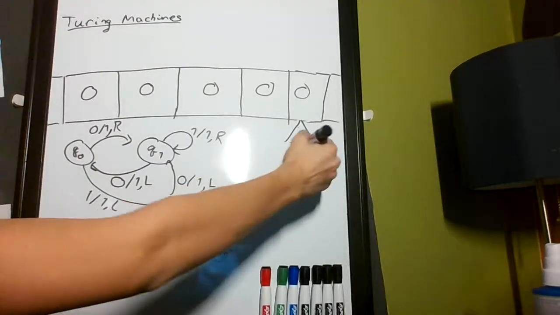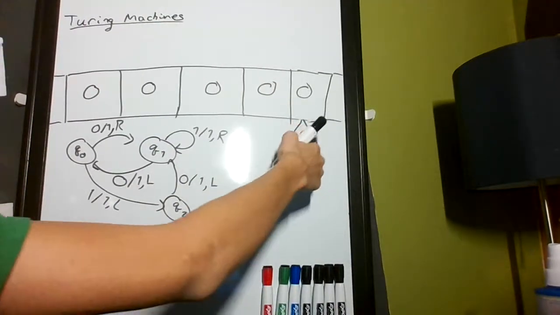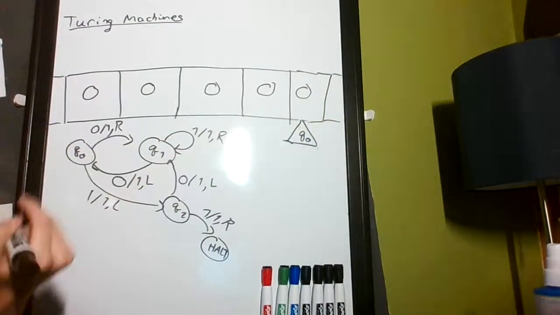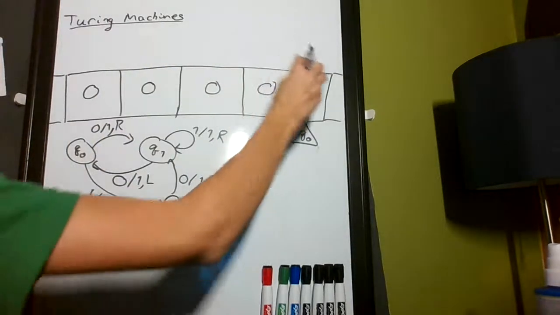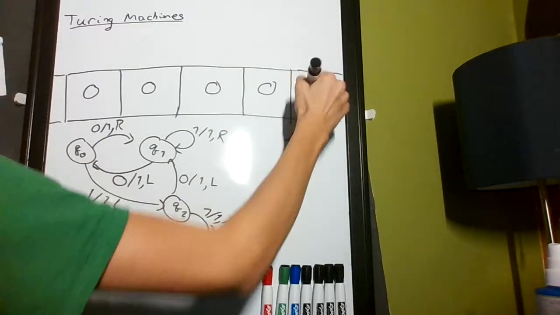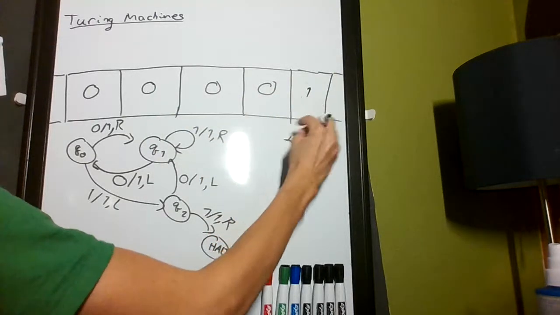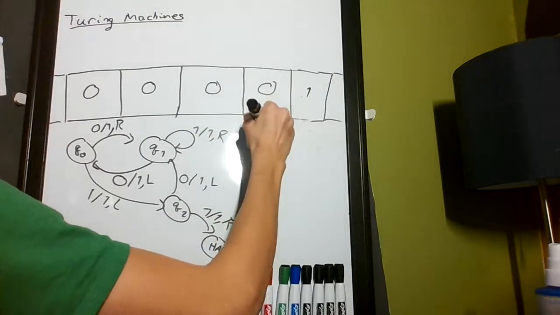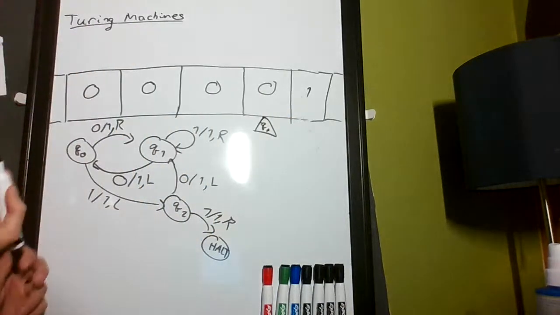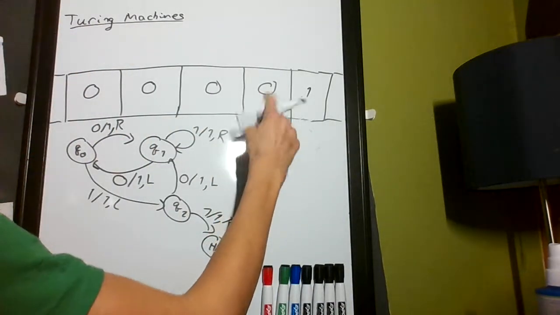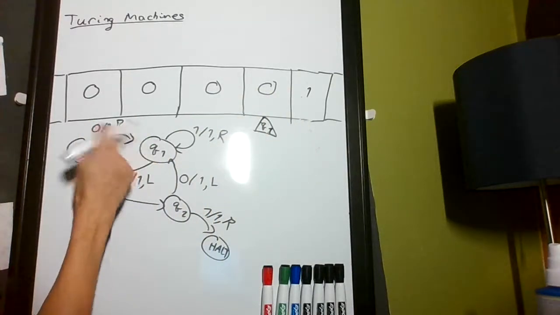So right now, my little pointer's on state Q0 and it's reading a 0. So you can see right here, if I read a 0, I'm going to write a 1. Okay. Then I'm going to move it to the right. I'm now on state Q1, indicated by the arrow.